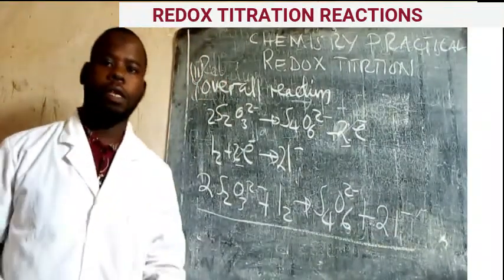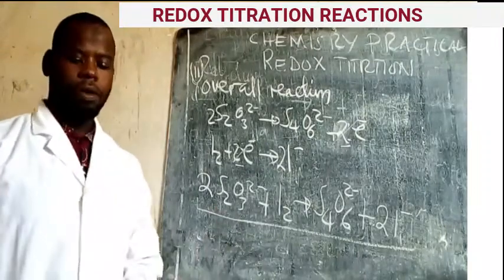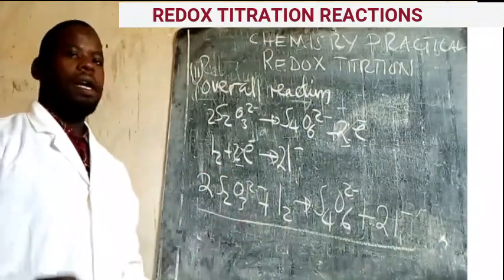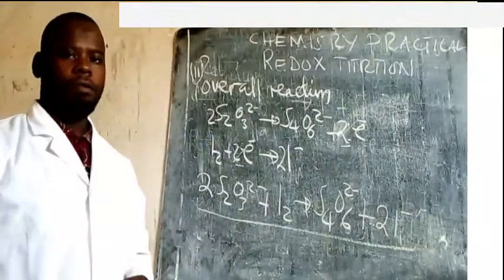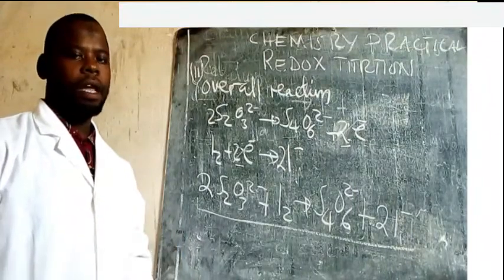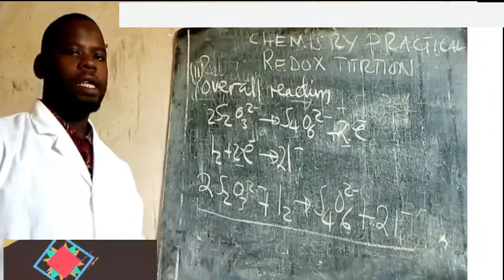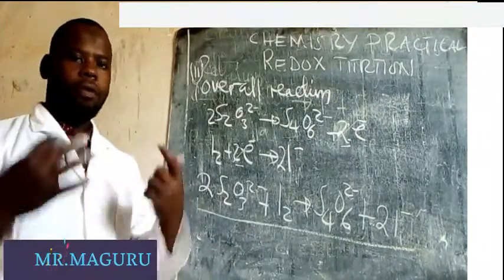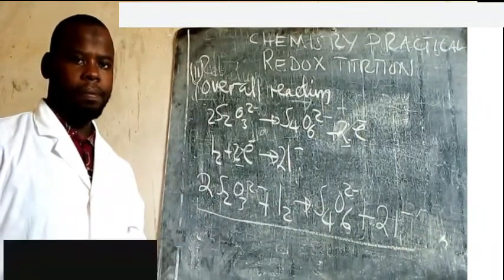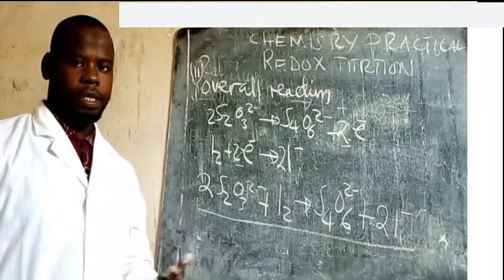So we have to combine this one and the first reaction overall between permanganate and the iodide in acidic medium in order to get the general overall reaction or redox reaction.